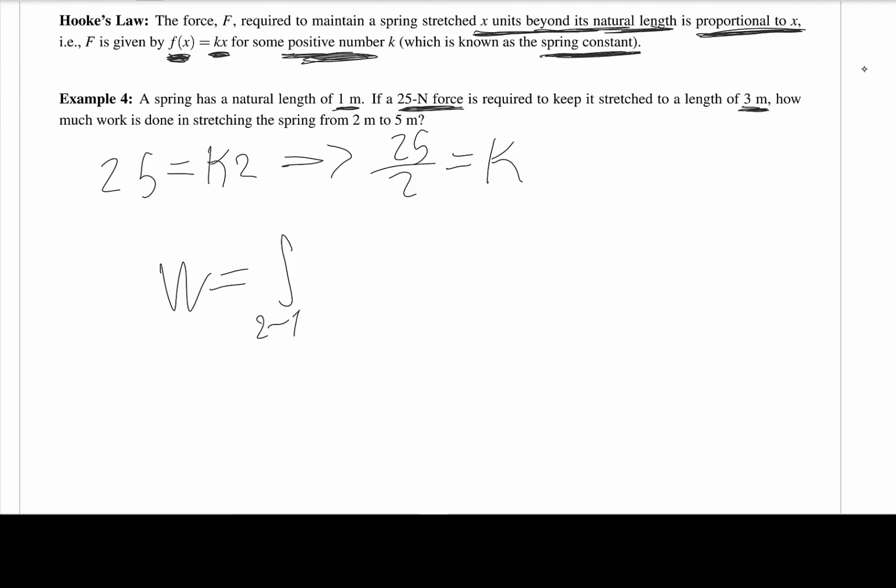So this is going to be 2 minus the natural length, so 2 minus 1, to 5 minus the natural length, so 5 minus 1. Right, so here it's important that we subtract the natural length.